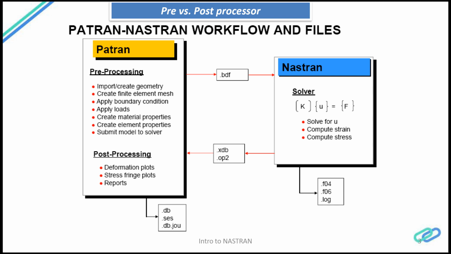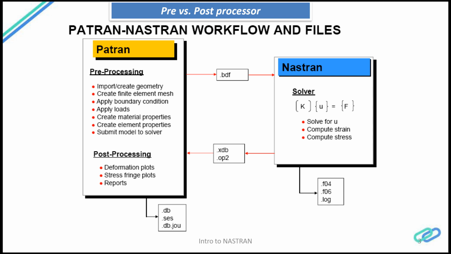And then NASTRAN reads the textpad file, it solves the problem, generates the results. While NASTRAN solves the problem, it generates some support files called F04, F06 and log file. Log file, as the name indicates, is just the log, what kind of memory has been used and how much time the job has taken to solve and those kind of stuff.